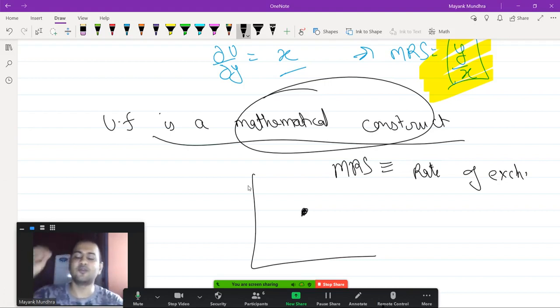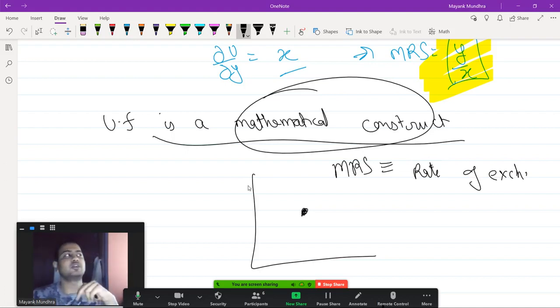It's a result that we wanted in utility functions. Our utility functions would not have been robust, would not have been useful, if doing monotonic transformations would basically change your results about MRS. Your MRS should not change under any monotonic transformation, and since that result holds, that's why the whole concept of using utility function is strong at its foundations.